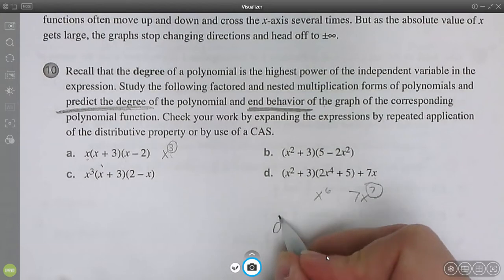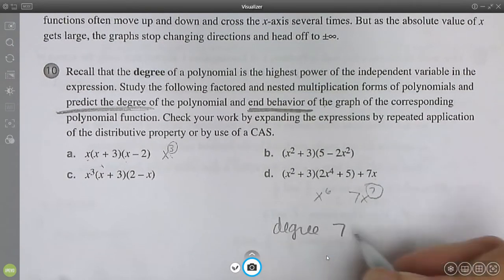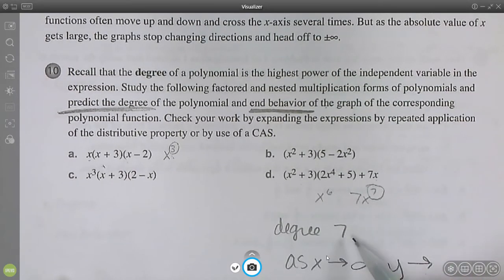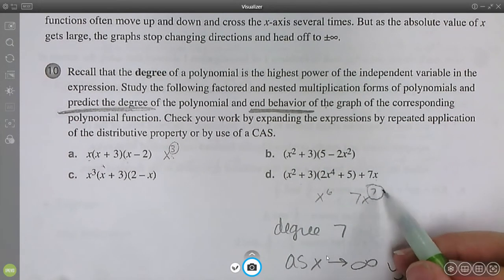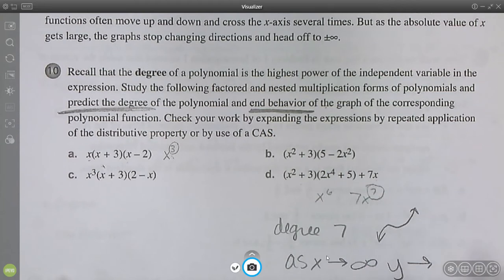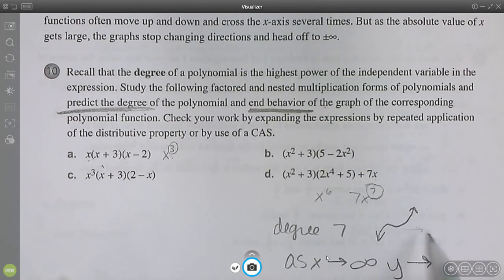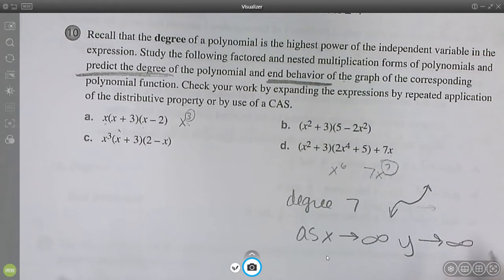So the degree on this one was 7. And then as x goes to infinity, y goes to, okay, so this was x to the 7th, so that's an odd power, and it's positive, so it's going to look something like this. There will be a lot of other waves in the middle, but the end behavior will look like this. So as x is going to infinity this way, y is going to positive infinity.